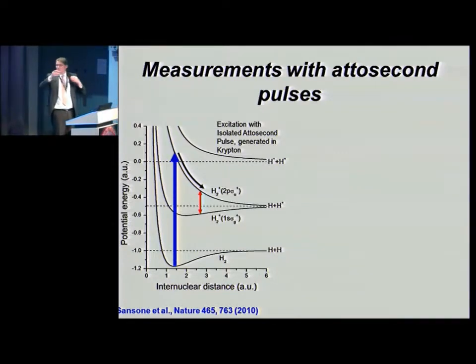We can think of this dissociation process as a ball that is rolling down a hill. So the two atoms will be accelerated and fly off in opposite directions. And now we can ask ourselves the question, where does the H go? Where does the H atom go? And where does the H plus go? And how does the molecule know how to pick?